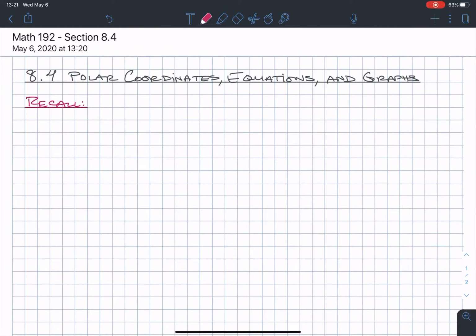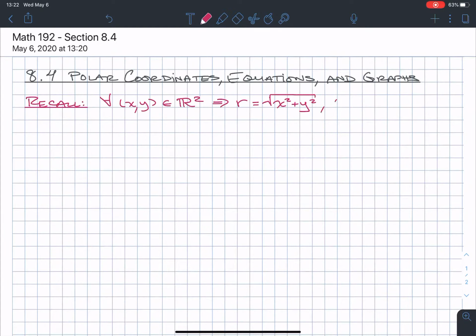So for all points (x, y) in the plane R2, the radius, or the distance to the center, or origin, is given by the Pythagorean theorem, the square root of x squared plus y squared.